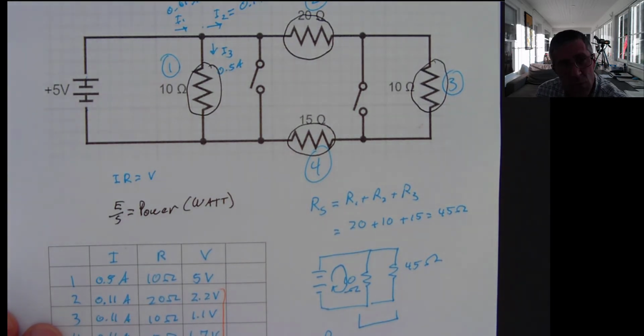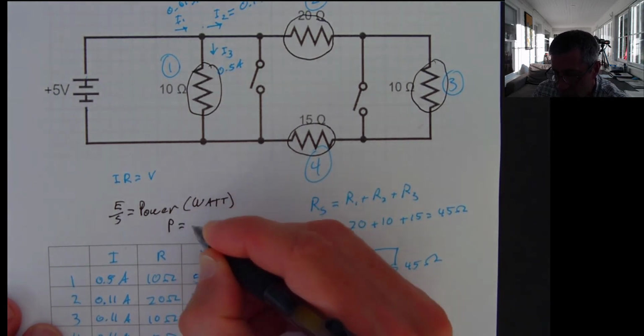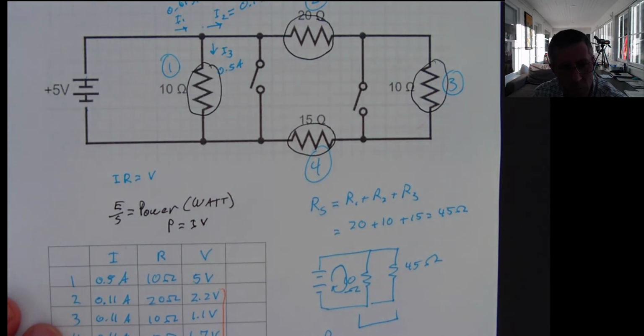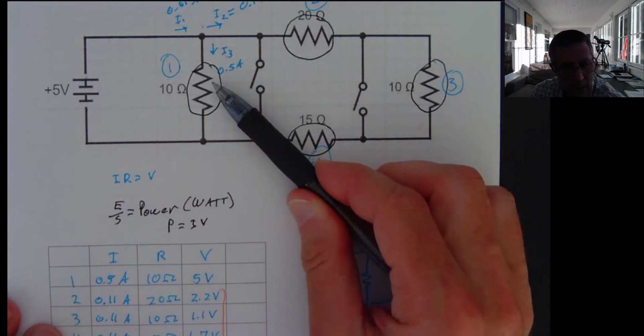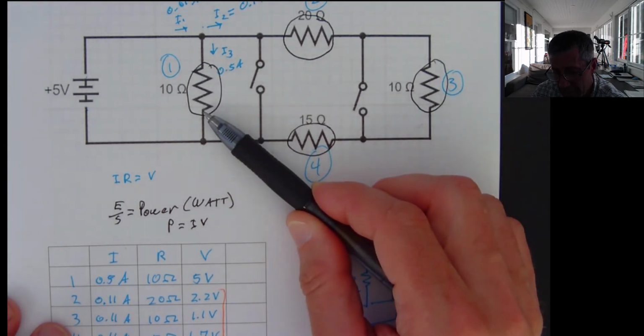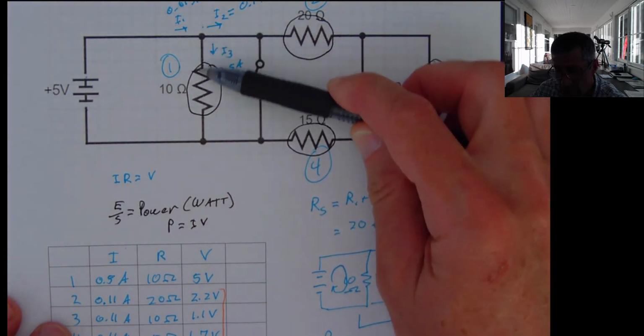So in a circuit, I'm going to have a measure for power, which I can calculate as current times the voltage. So for any of my light bulbs here, if I know the current and the voltage drop, then I can multiply those two together, and that'll tell me the power. And hopefully this makes sense to you. So current is the flow of electrons.